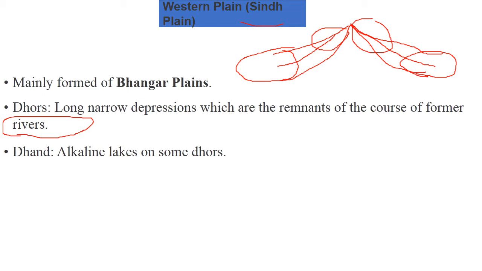So after the mountain region, the plain region starts. Due to the deposition of these rivers, this great plain of India has been formed.